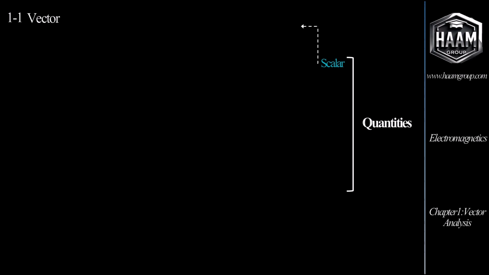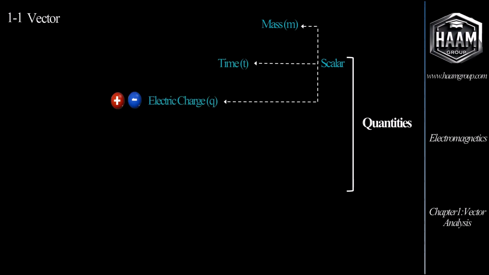For example, mass, denoted by m, is a scalar quantity. Time, denoted by t, and electric charge, denoted by q, are also scalars. Scalar quantities are usually represented by lowercase letters.